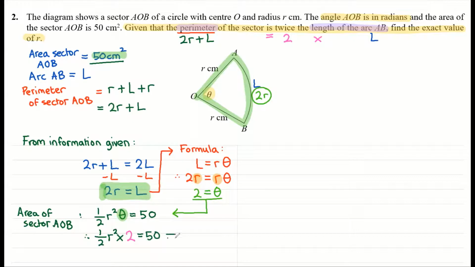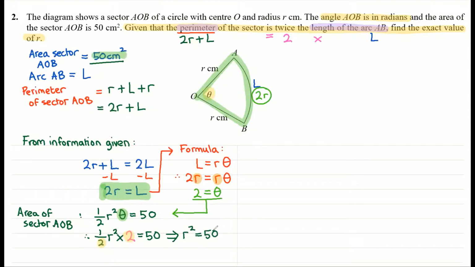Which implies, if we just notice that the 2's will cancel, we have 1/2 multiplied by 2, so they are going to cancel. So we just get that R squared is equal to 50.